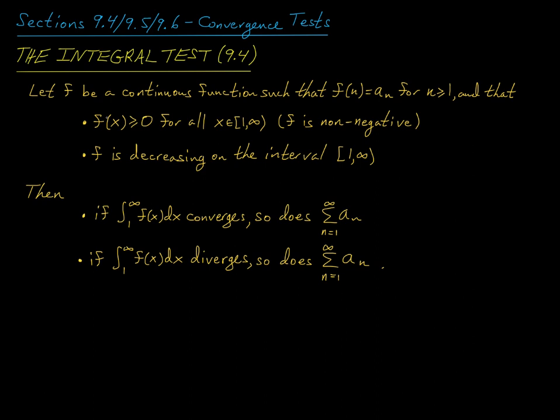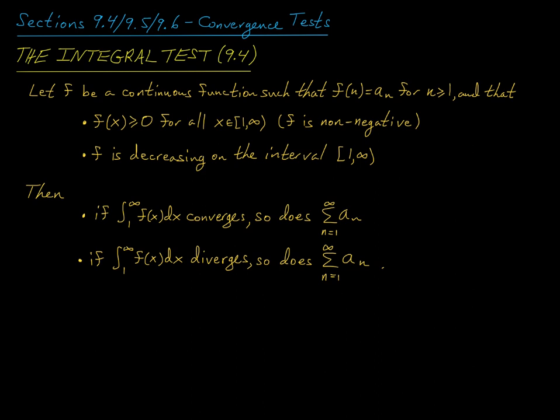Okay, so if these two conditions are satisfied, then the following holds. If this improper integral from 1 to infinity of f of x converges, then so does the associated series of a sub n. And if the improper integral from 1 to infinity of f of x diverges, then so does the associated series for a sub n.